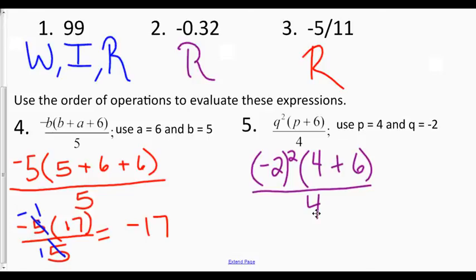Negative 2 squared, negative 2 times negative 2, is positive 4 times 10 over 4. Now I could solve this. 4 times 10 is 40. 40 divided by 4 is 10. Or I could see that I can just cancel out these 4s here, and I will get my answer of 10 that way. And that's how we work with rational expressions.